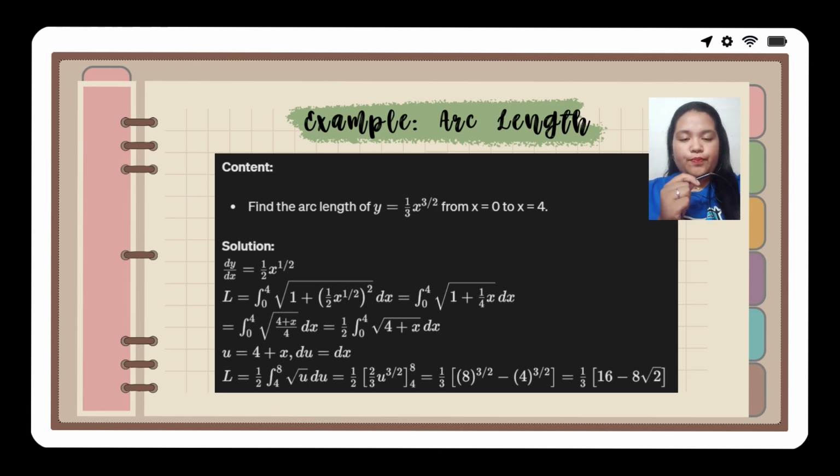Using substitution, we set u equals 4 plus x and integrate, resulting in 1/3 times the quantity of 8 to the 3 halves minus 4 to the 3 halves, which equals 1/3 times the quantity of 16 minus 8 times the square root of 2.